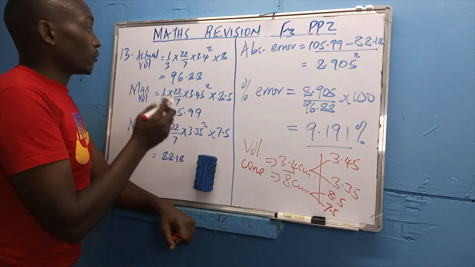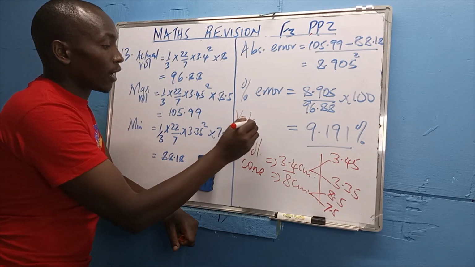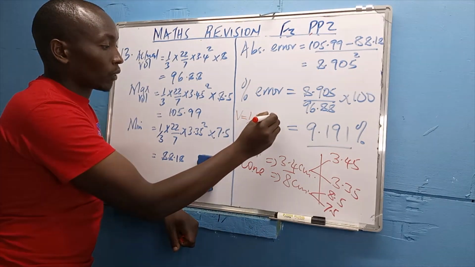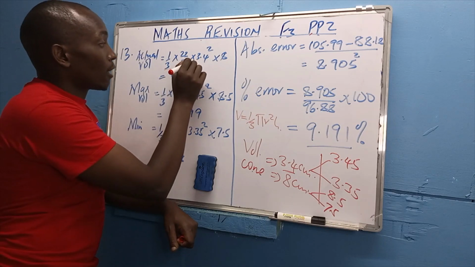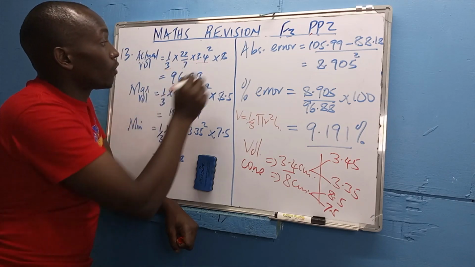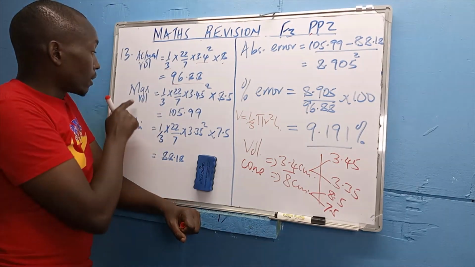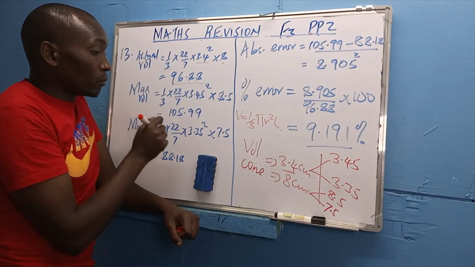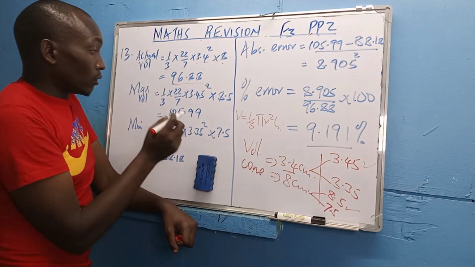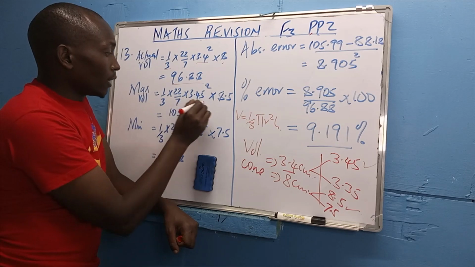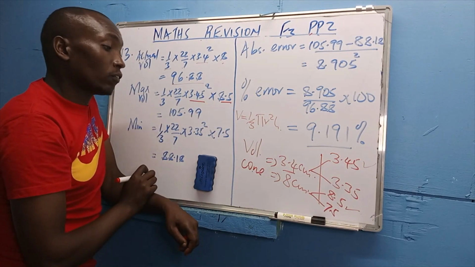So if you want to work out the actual volume, it is basically a third pi r squared h. So this is a third pi, radius is 3.4, and then h. You get the actual volume. The maximum possible volume will be when you're working with the upper limits. So like in this one, I'll be working with the radius of 3.45 and the height of 8.5.